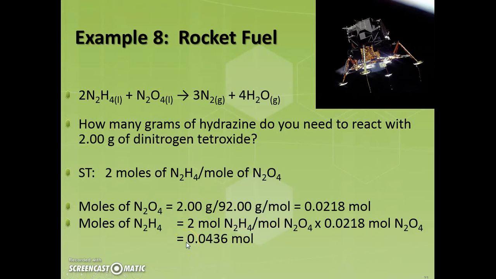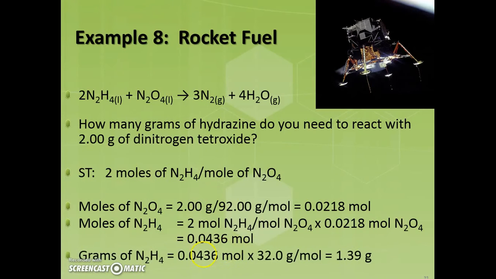So, we need 0.0436 moles of hydrazine. But, again, we can't weigh moles on a balance, so we need to convert to grams, and we do that by multiplying by the molar mass. And moles cancels out, and this gives us 1.39 grams.